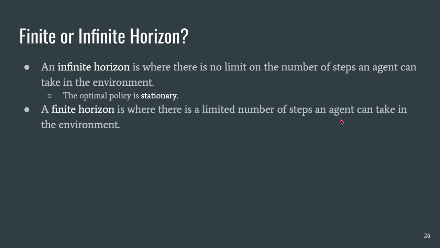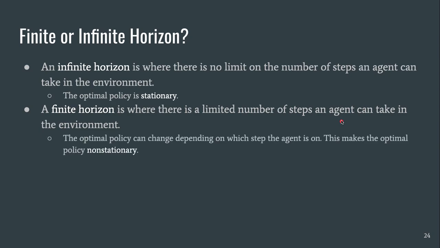Which then takes us to the finite horizon. The finite horizon is where there's a limited number of steps, say like 100 for example, that an agent can take in the environment. What this yields is that the optimal policy is actually going to have to change depending on which step the agent is on, which is why we call this optimal policy non-stationary.